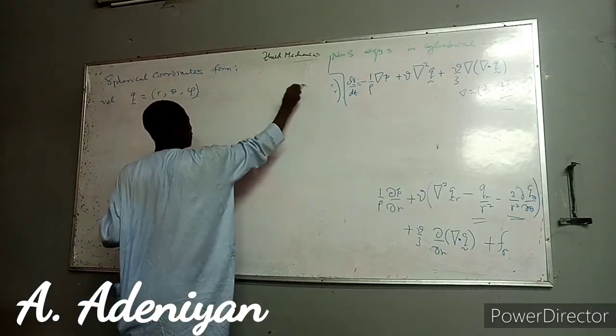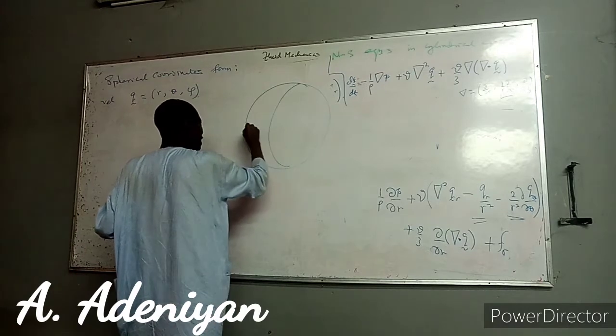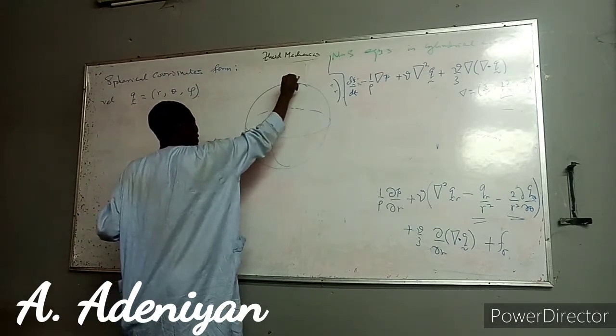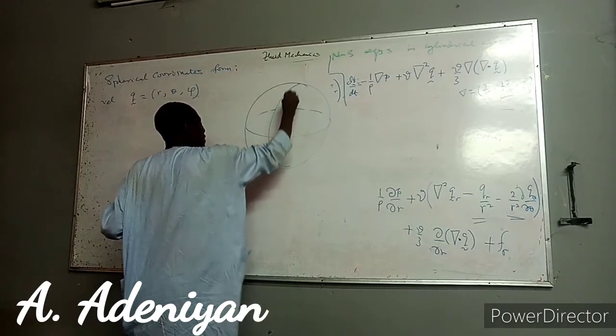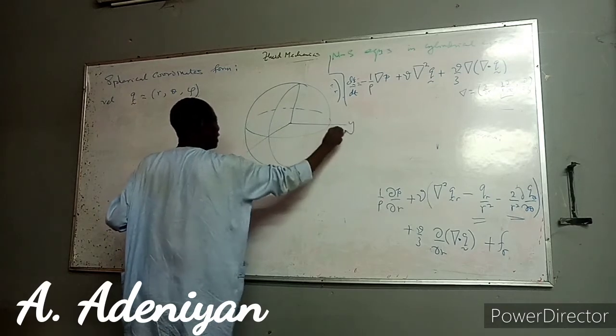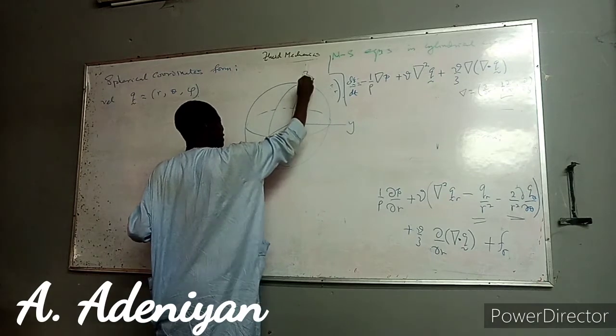It's just like the shape of the earth. Having the shape of the earth, you pick any point on it. This is the center. This is the x-axis, this is the y-axis, and this is the z-axis.